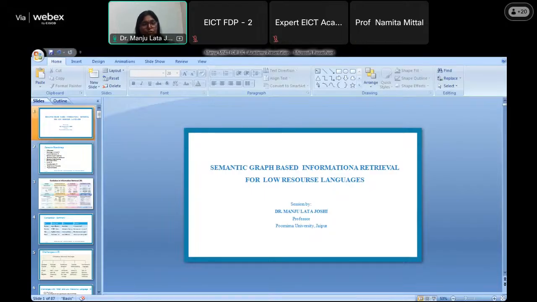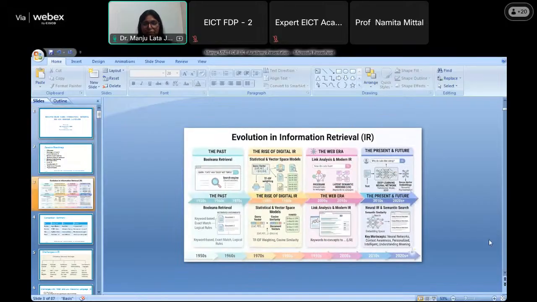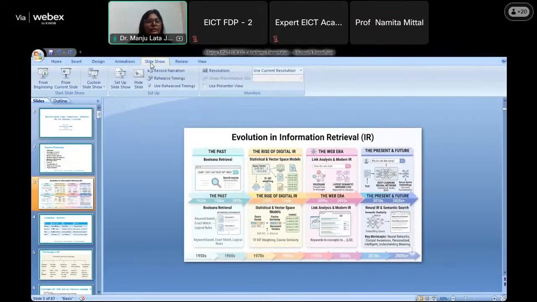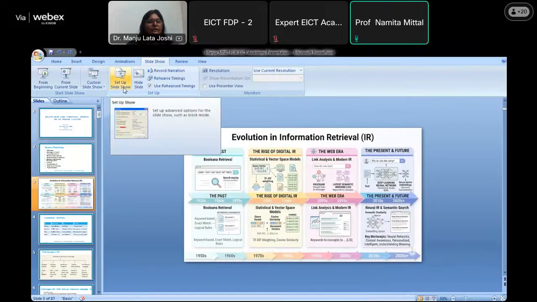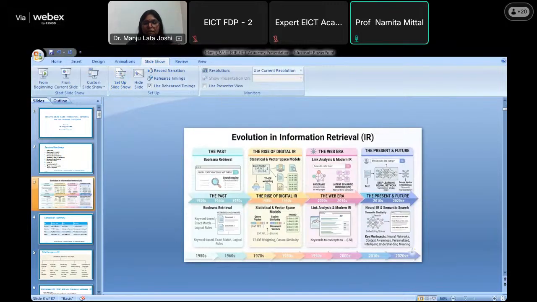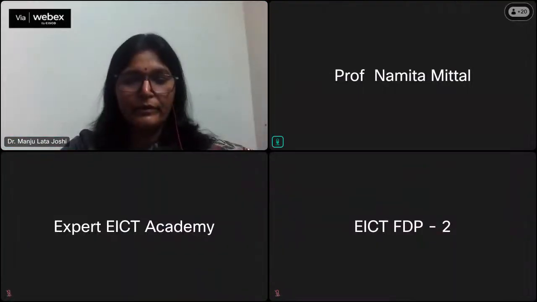For example, if somebody wants to search... Professor Manju, sorry to interrupt. Are you moving your slides? No, we are at the first slide right now. Yes, ma'am, I'm moving the slide. It is not visible. Let me do it once again. You have to do slideshow. I have already done that. Stop sharing and do slideshow. Take full screen. Instead of taking windows, you take the full screen sharing.